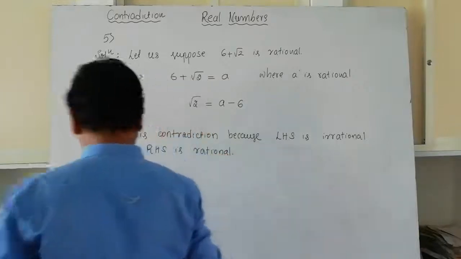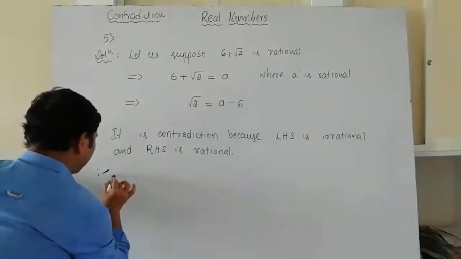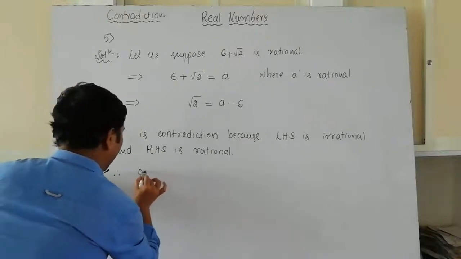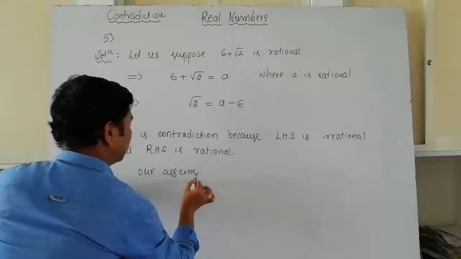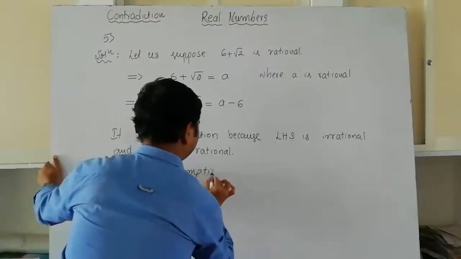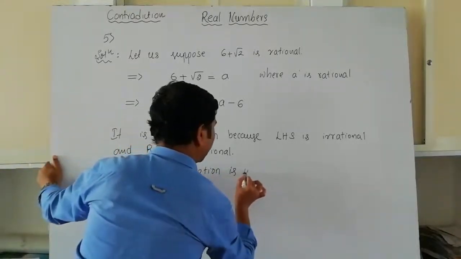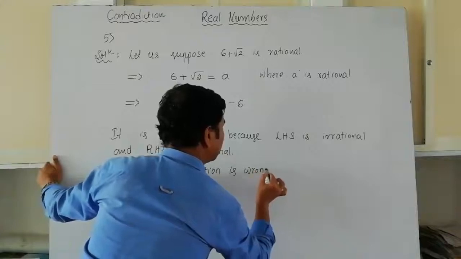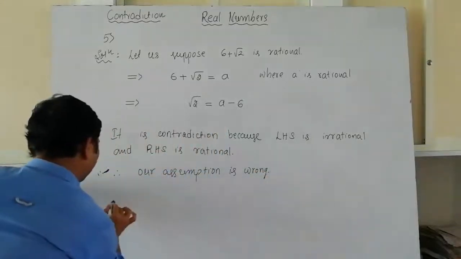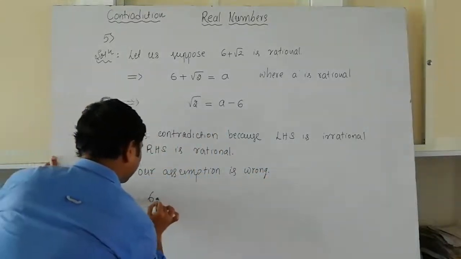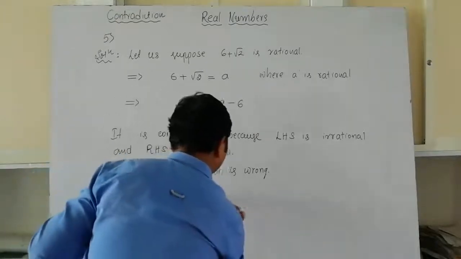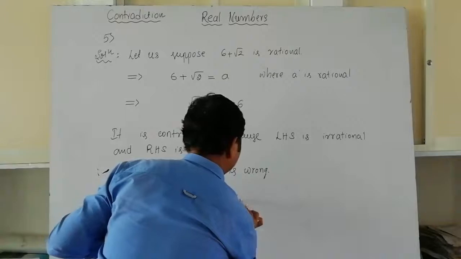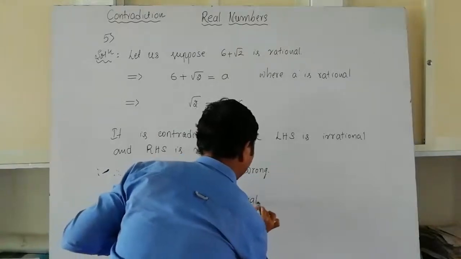So then in the next line you can write, therefore our assumption is wrong. And then in the next line write down, therefore 6 plus root 2 is an irrational number. So this will complete the proof of this question.